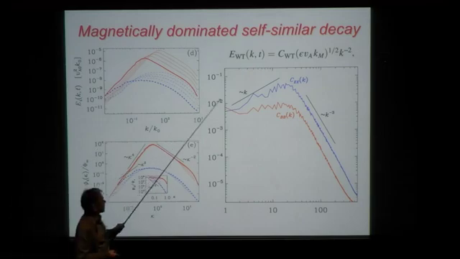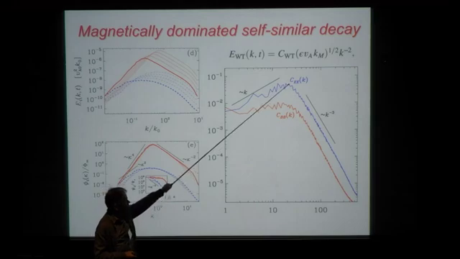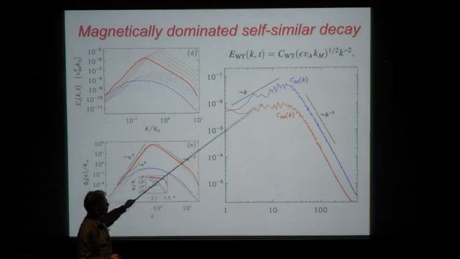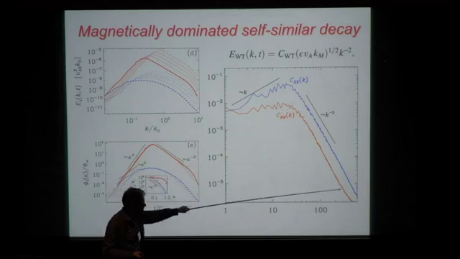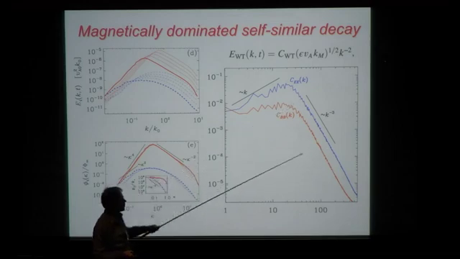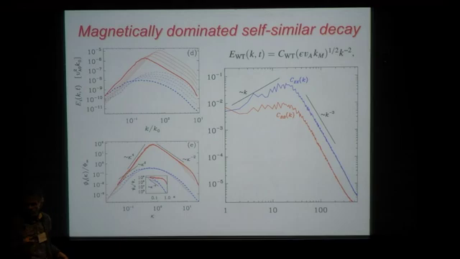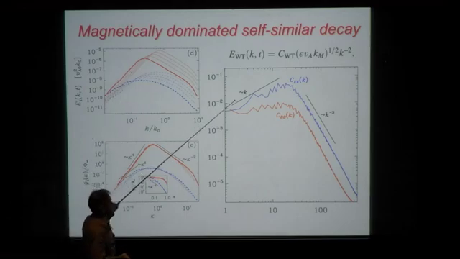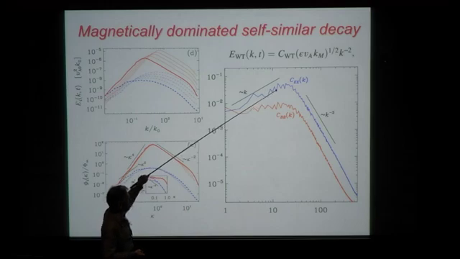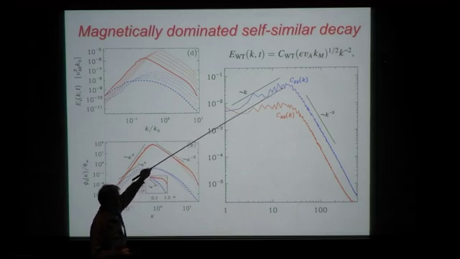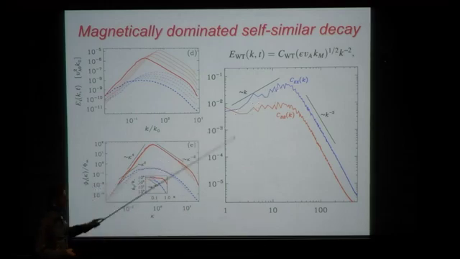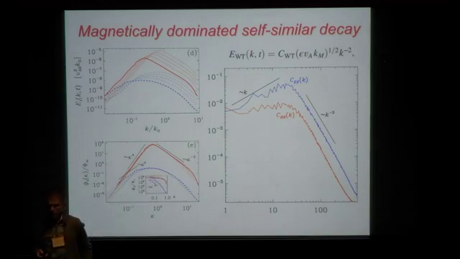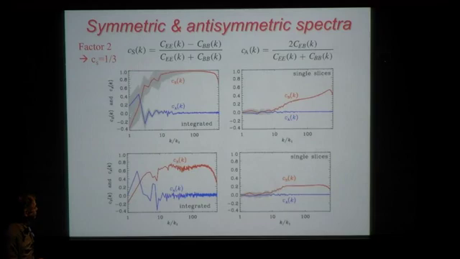Now, regarding the E and B mode spectra, we have similar behaviors in the sense that we have a sharp fall-off. Here, instead of this k to the -2, we have a k to the -3. And in the rising part, we do see some rise in the E mode spectrum, but not in the B mode spectrum. And we see the excess. Now, the question is, where does the excess actually come from?